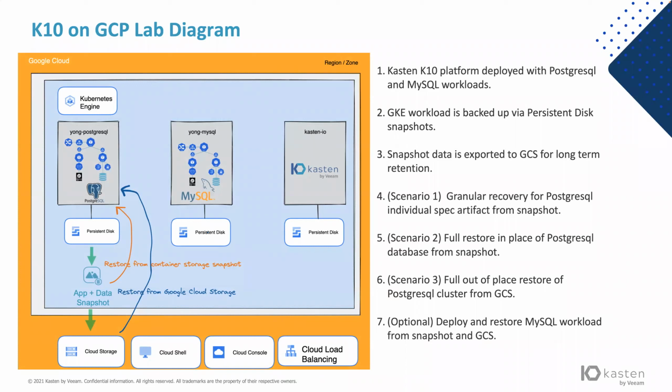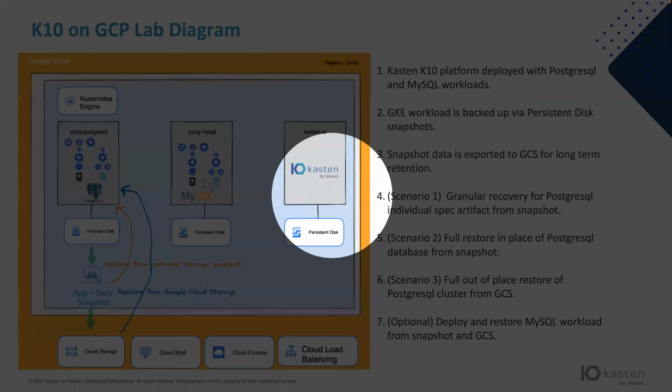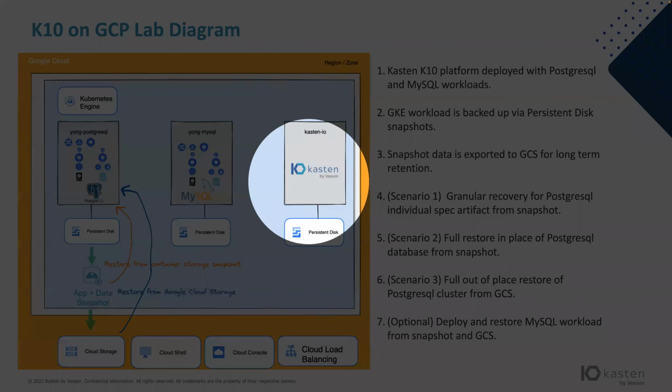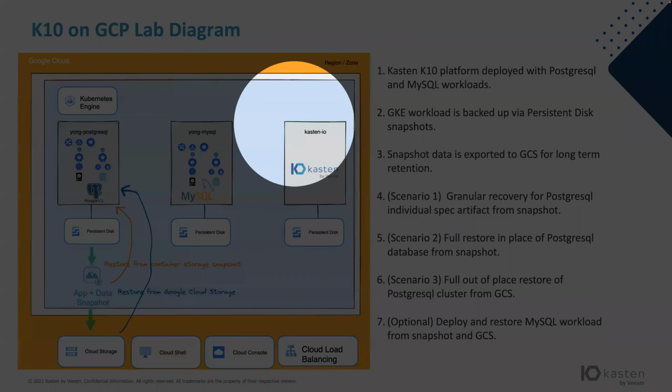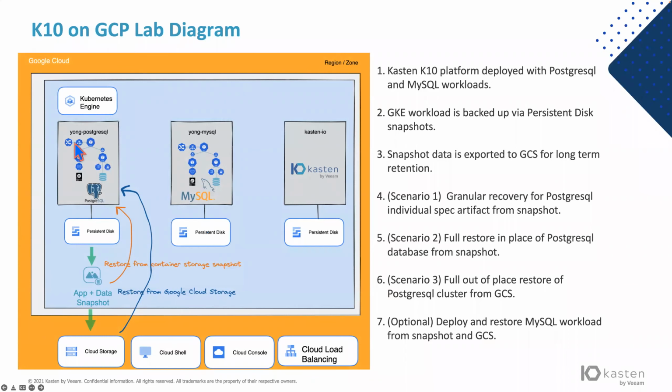The moment you create the environment, you will see one application running here, kasten-io, that's our Kasten containers running here. We are using the persistent disk as well. We also have the Yong-PostgreSQL that will be created as part of the automation. The additional labs will create the middle one, the Yong-MySQL. This you can deploy manually.